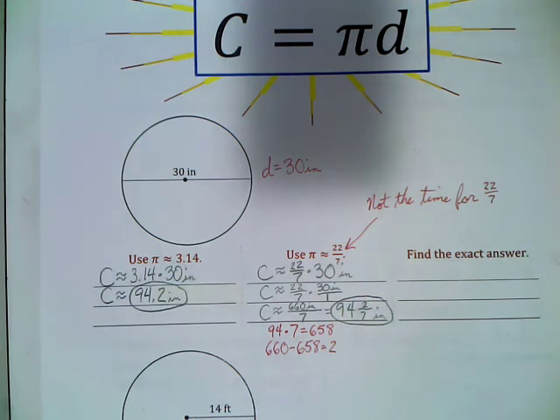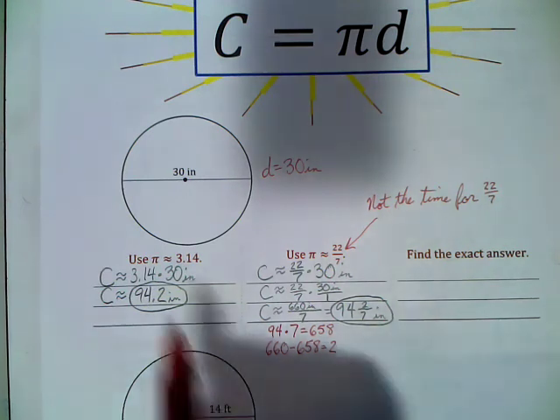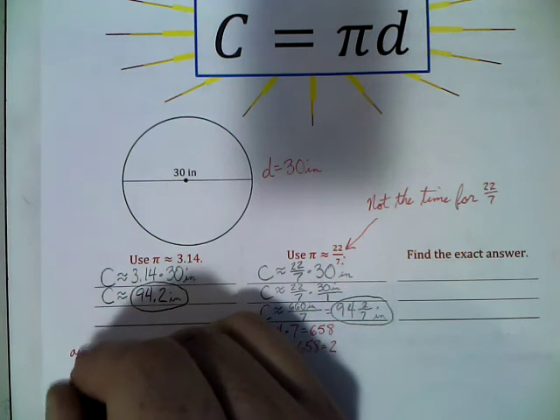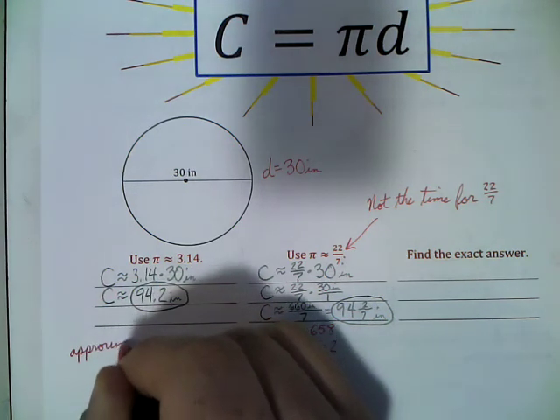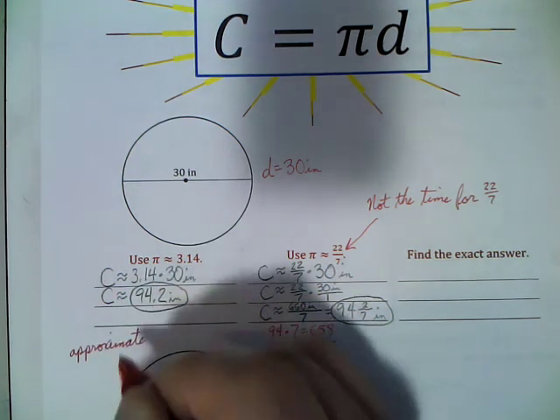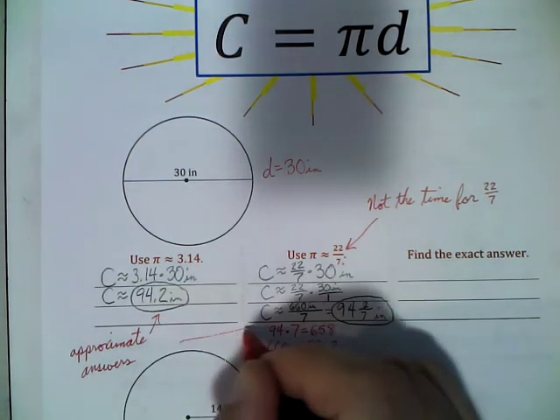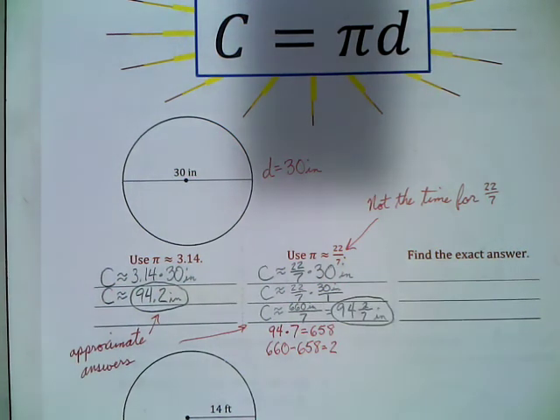The 22/7 really just made that problem harder, not the time to use it. Well, ladies and gentlemen, because we use the approximately equal to signs, both of these examples are only approximate answers. They're not exactly correct. They're close though, but not exactly correct.